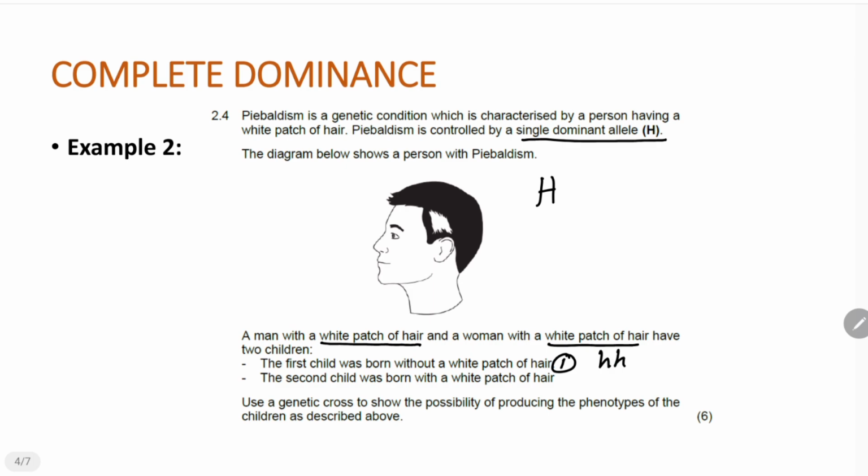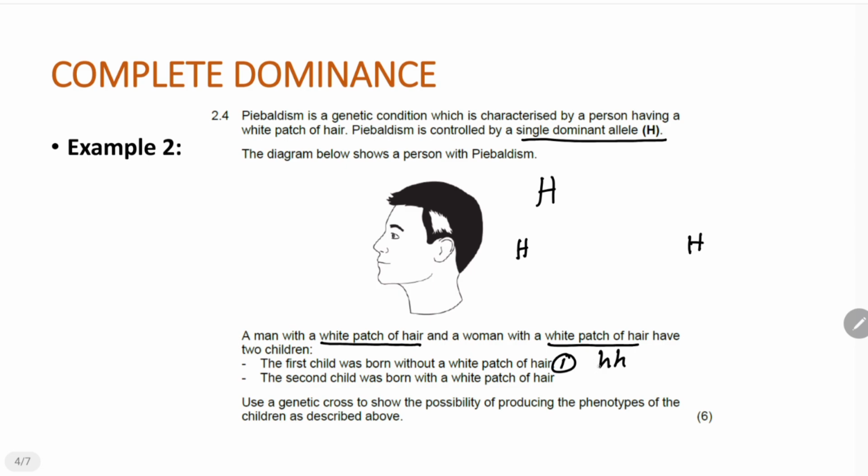But I know that each and every single characteristic is controlled by 2 alleles. And those 2 alleles, one has to come from the paternal origin and the other has to come from the maternal origin. But since each of the parents have piebaldism, I know that in the father, there is the dominant trait that is resulting in piebaldism. And the dominant trait, the dominant allele, is also present in the mother.